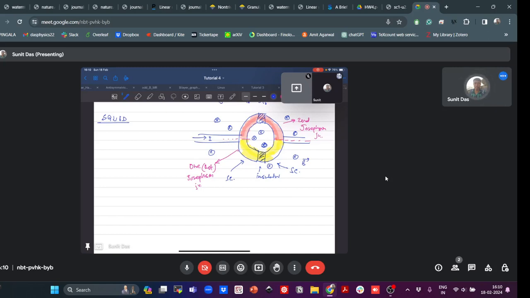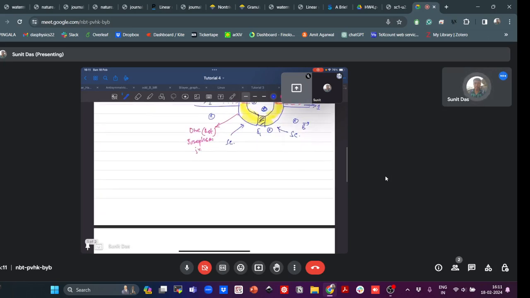So here we assume that the phase difference is delta 1, and in this case, let's say, delta 2, and on the below side this is delta 1. So this is I, and here also comes I, right?